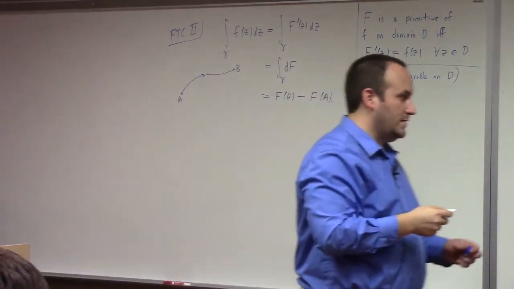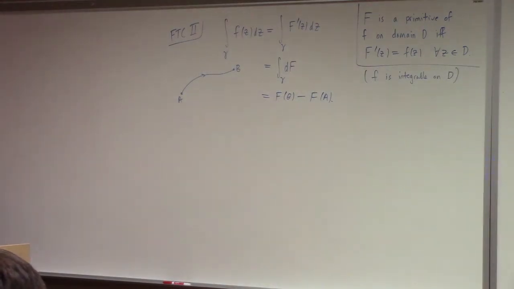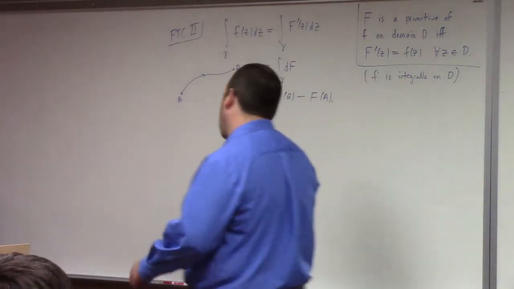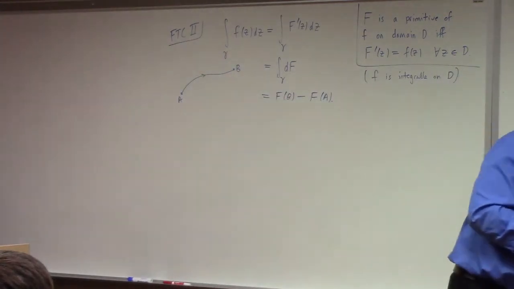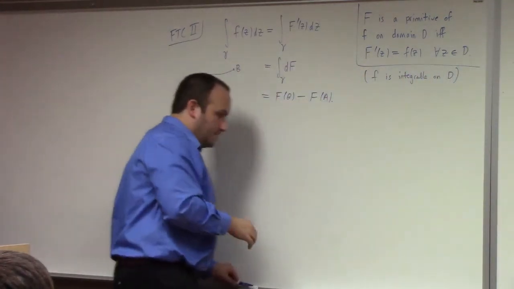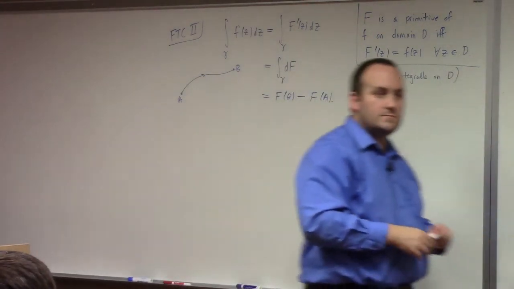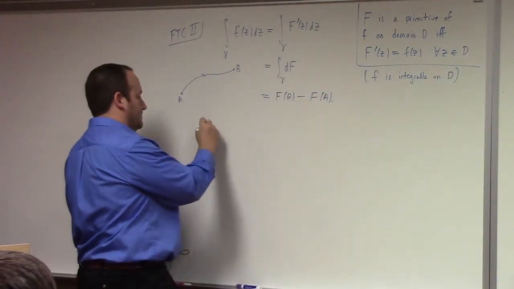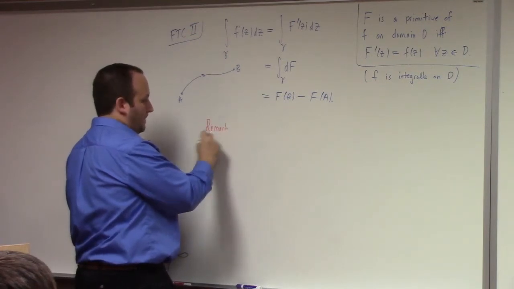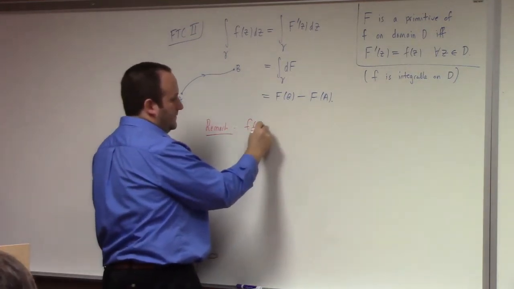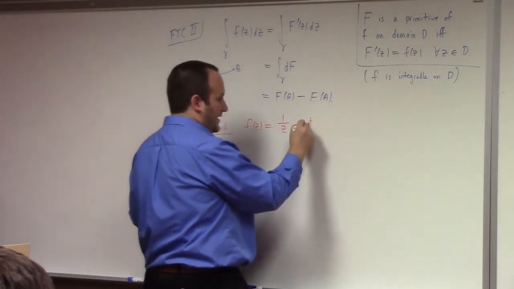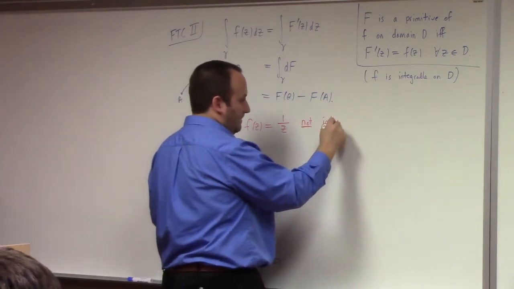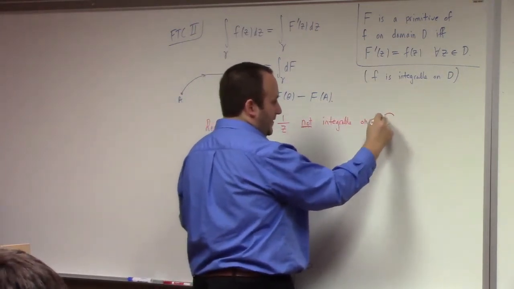So I guess it must be the case that the 1 over z function is not integrable on the punctured plane. f of z equals 1 over z is not integrable on the punctured plane.